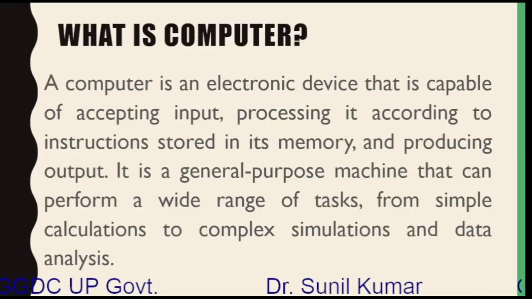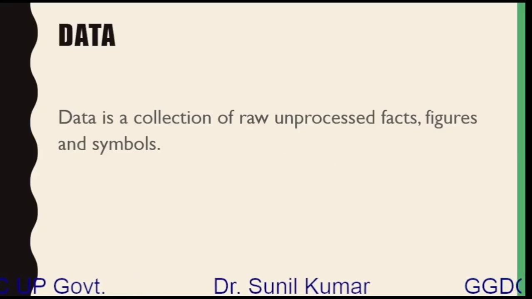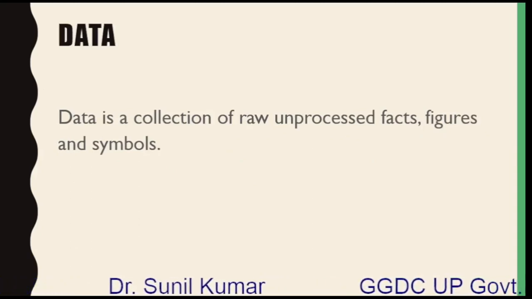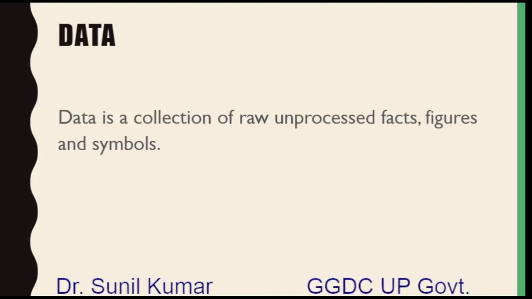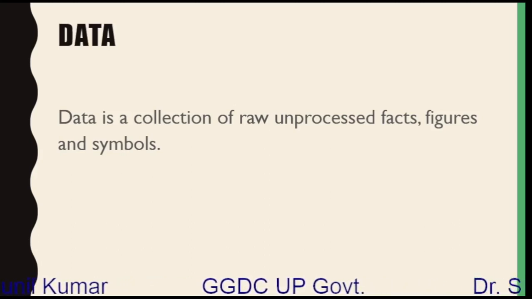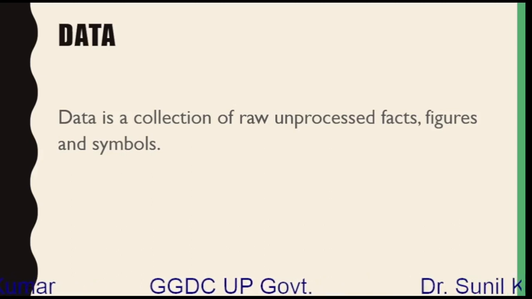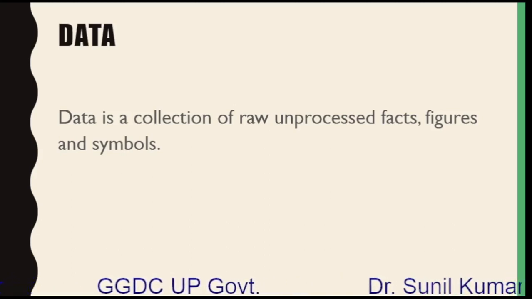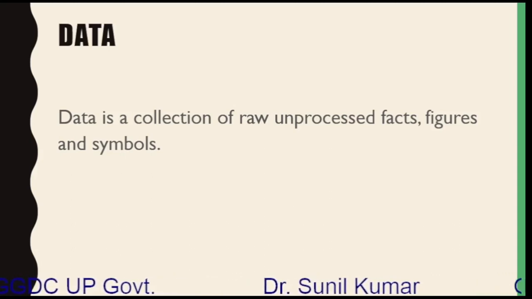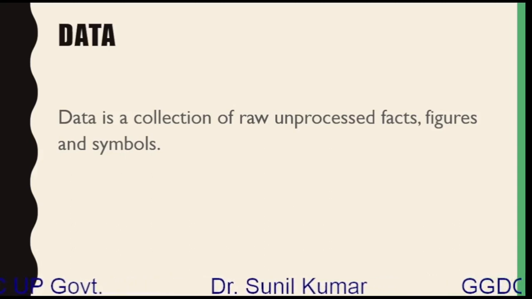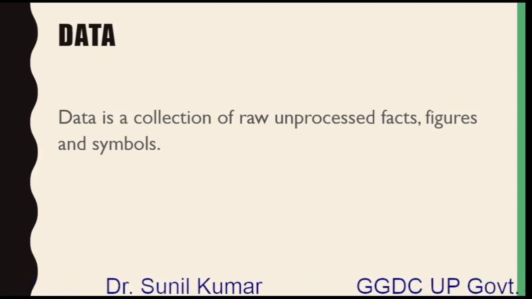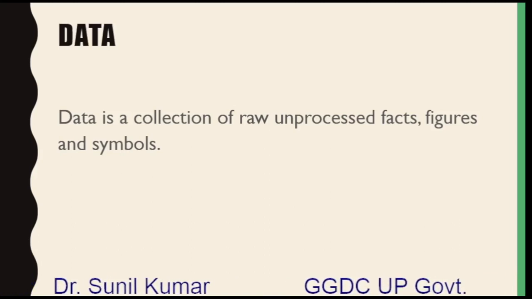Now I am going to explain data. Data is a collection of raw unprocessed facts, figures and symbols. Data refers to any set of values or information that can be stored and used by a computer. It can take many different forms such as text, numbers, images, audio or video.